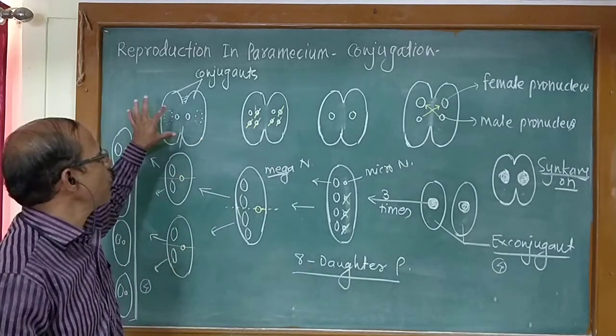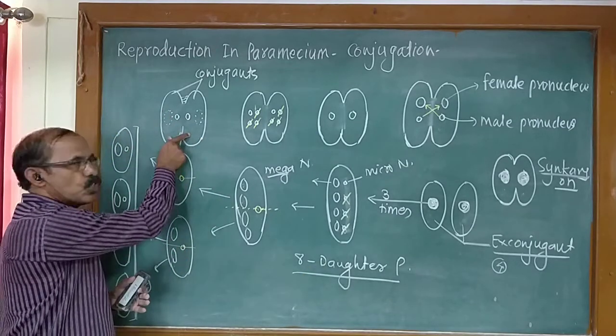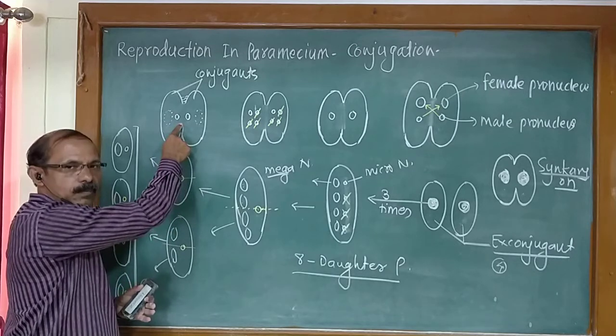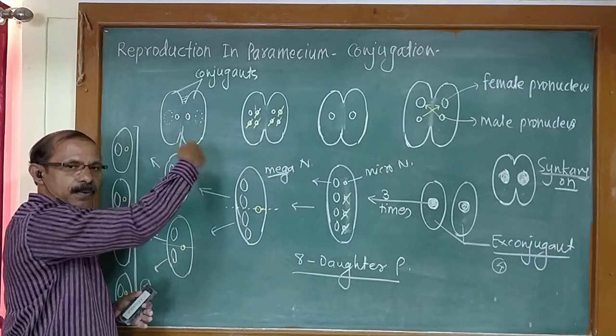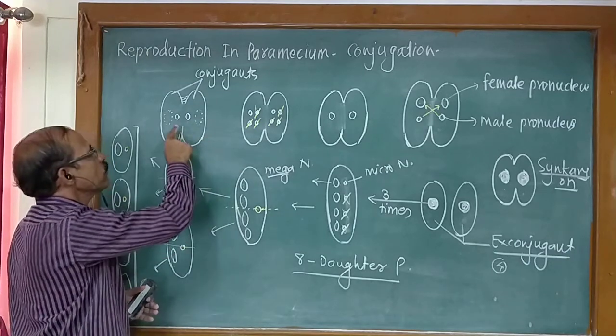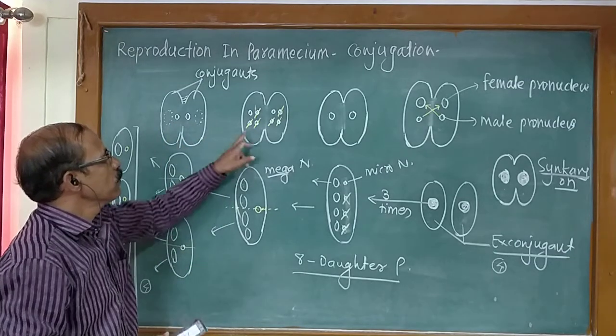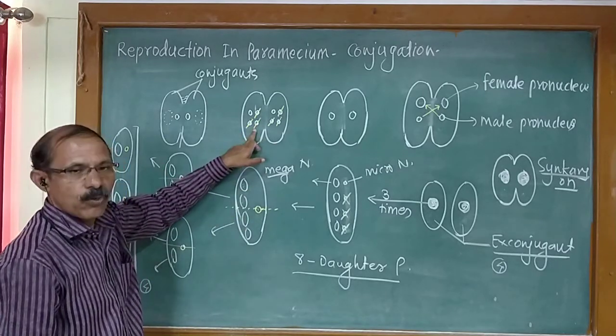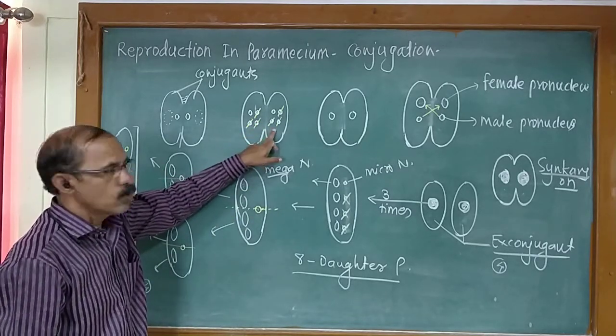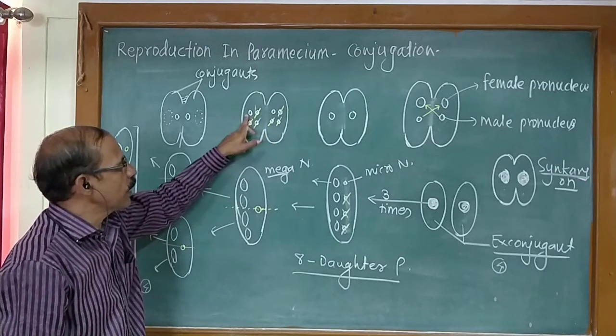When 2 paramecia come close to each other, a protoplasmic bridge is formed. The meganucleus disintegrates and disappears, absorbed in the cytoplasm. The micronucleus divides twice, one division being reduction, and 4 micronuclei are formed. Three out of 4 disintegrate, 1 remains.